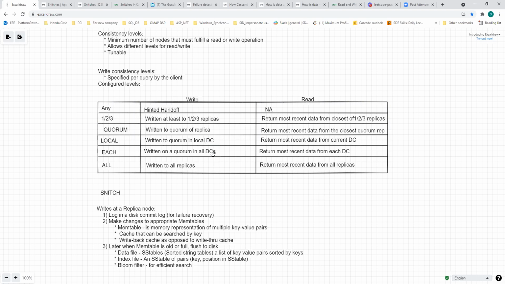I have one question. Is Cassandra used for write heavy or read heavy use cases? It's like high availability for writes, right? So it should be responsive for writes, absolutely.